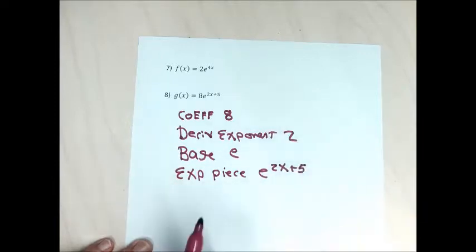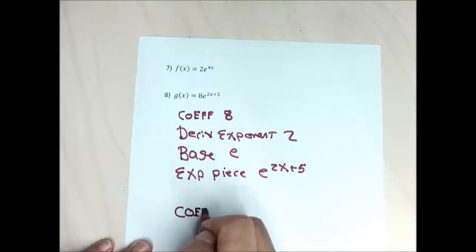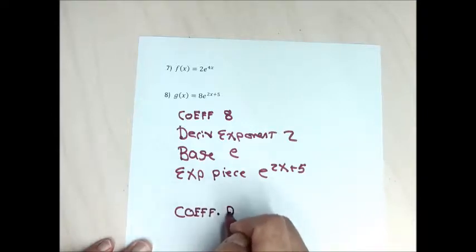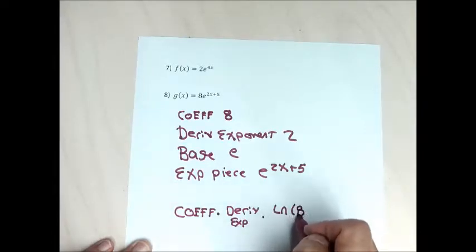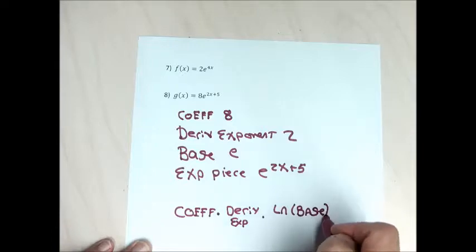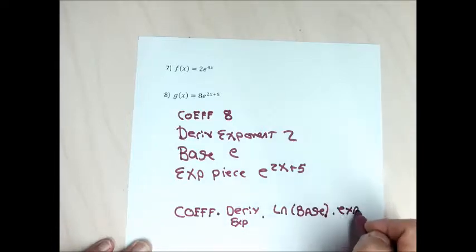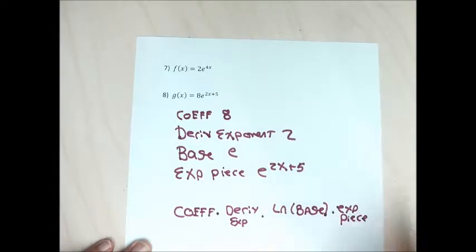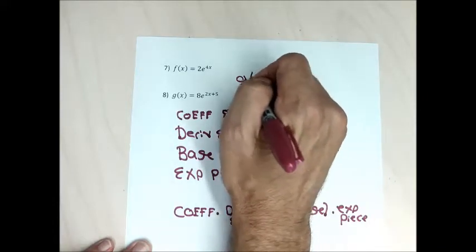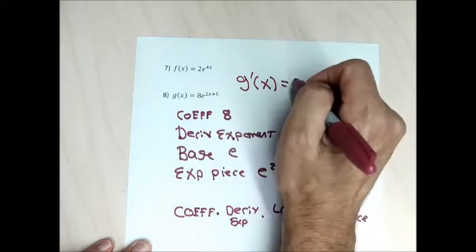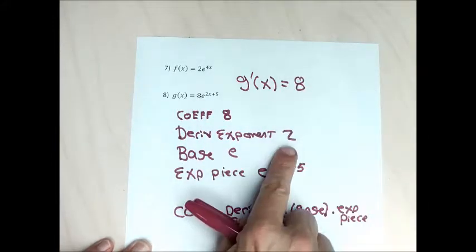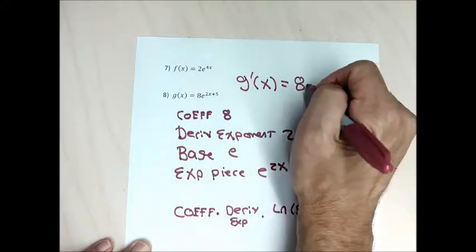So again, the derivative of an exponential function is the coefficient times the derivative of the exponent times the natural log of the base, which I don't need to write here because the base is e and that's equal to 1, times the exponential piece. So when I go to write down the answer to problem 8, the derivative is the coefficient, which is 8, times the derivative of the exponent, which is 2.